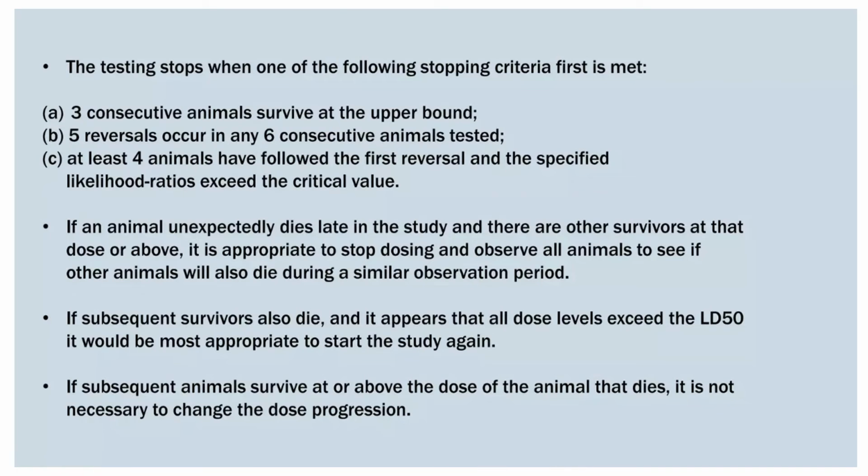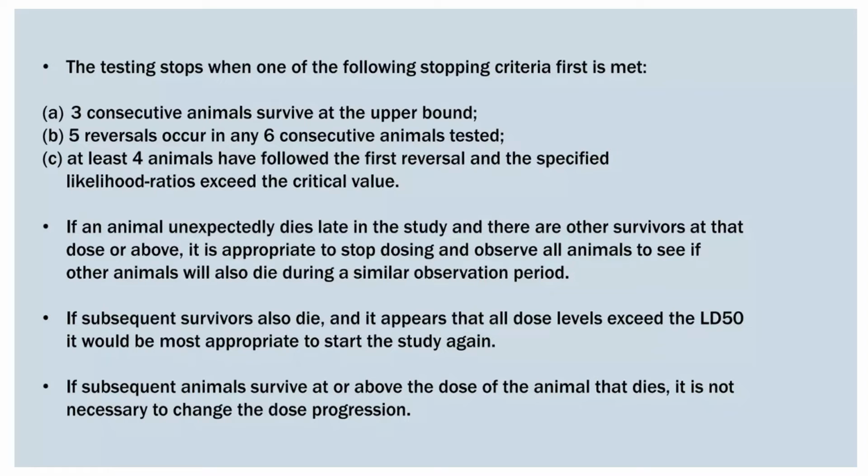The test stops when one of the following stopping criteria is first met: three consecutive animals survive at the upper bound. If three animals survive at the 175 mg dose, then we go for 550 mg per kg.